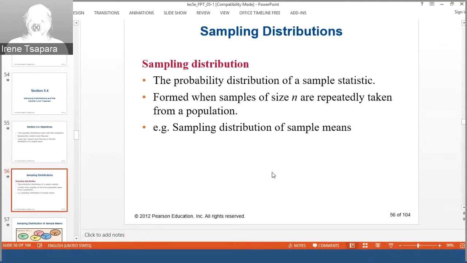So basically, we start with the population, we create samples of some size, and then we look at the statistics of those samples. Sampling distribution of sample means, or of sample standard deviations, are the most common examples.